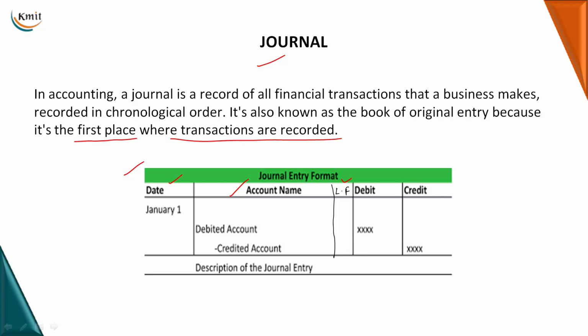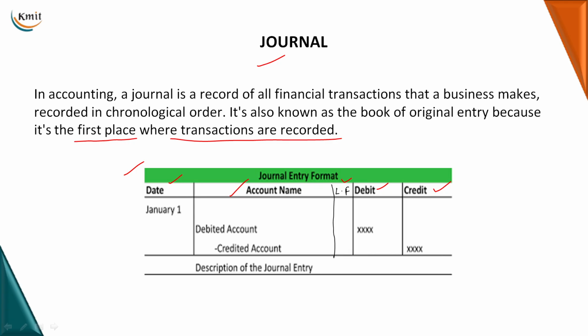It is used to record the page number of the ledger account where transactions have been posted. That is, it acts as an index, right? Basically, it helps to locate the account in the ledger book and reduces the time spent in recording and rechecking it. The fourth column represents the debit amount, and the next one is the credit amount.